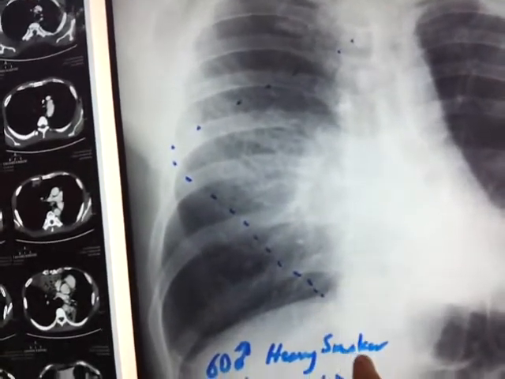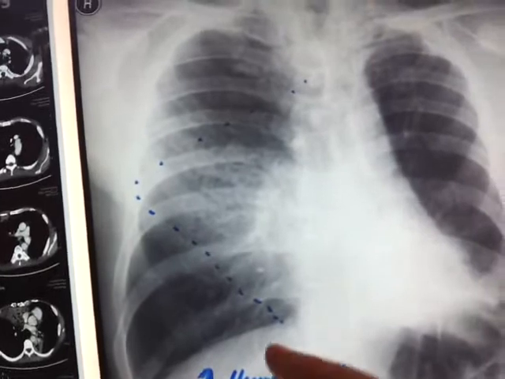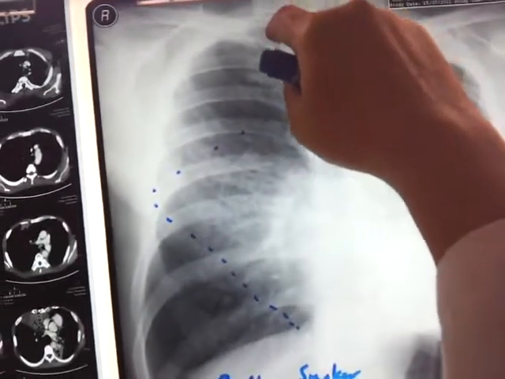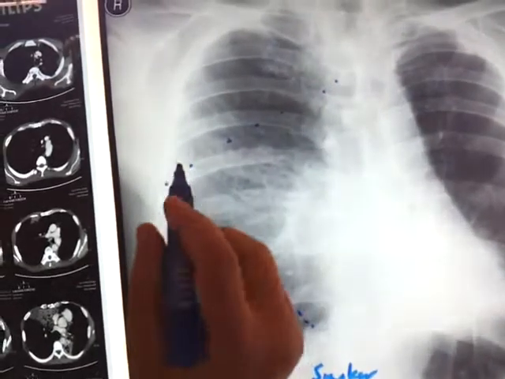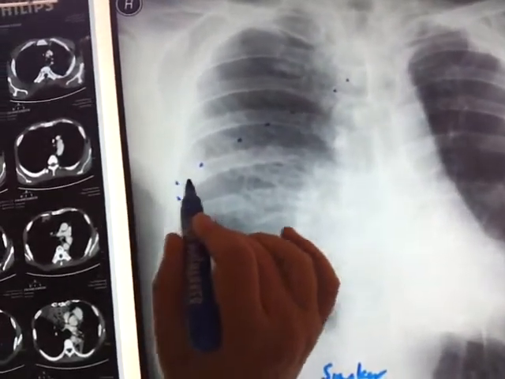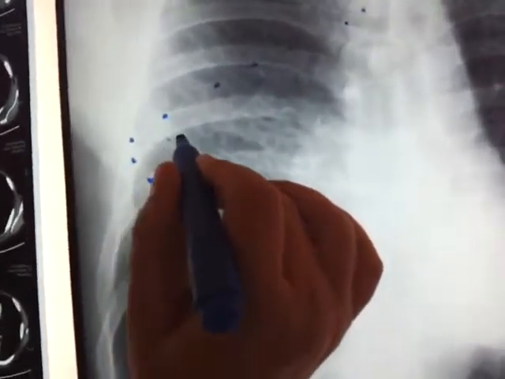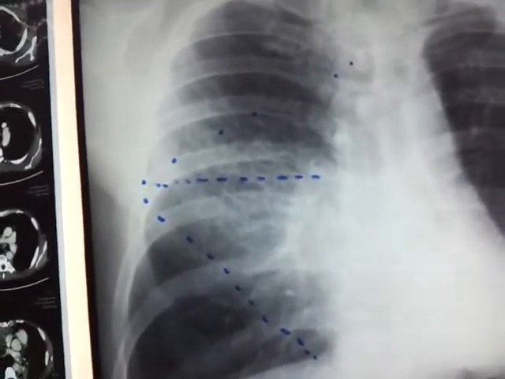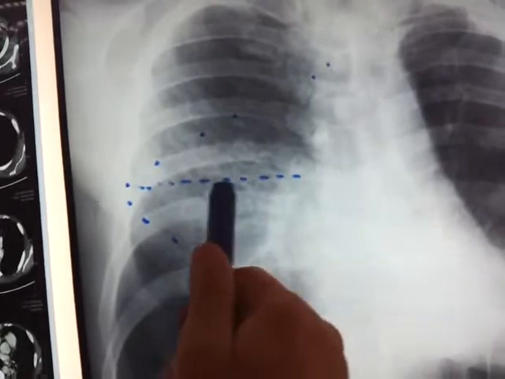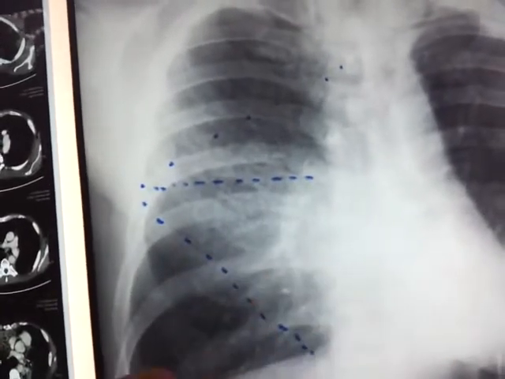And from the 6th rib horizontally till the hilum, this is called what? Transverse fissure.